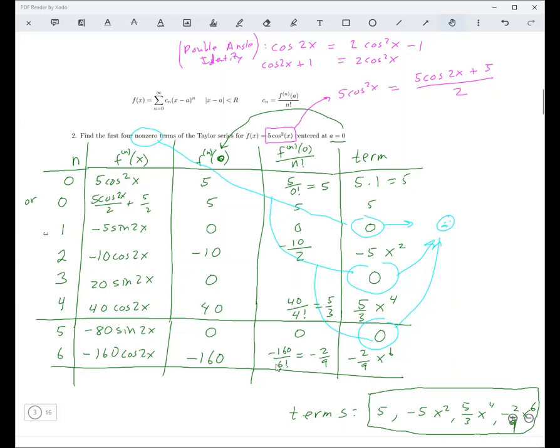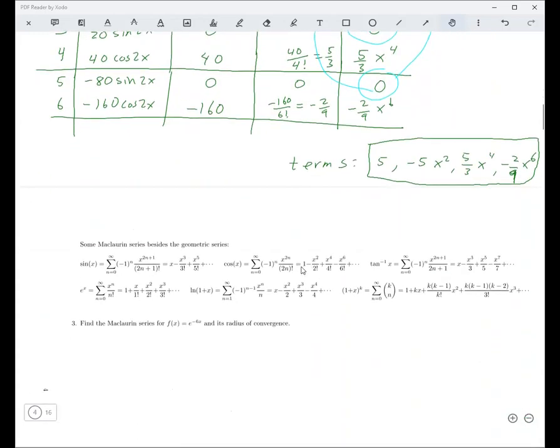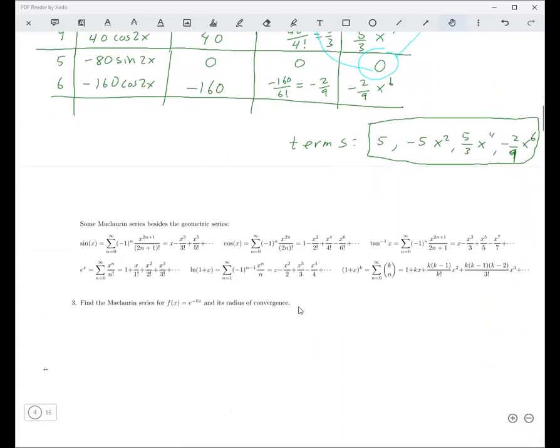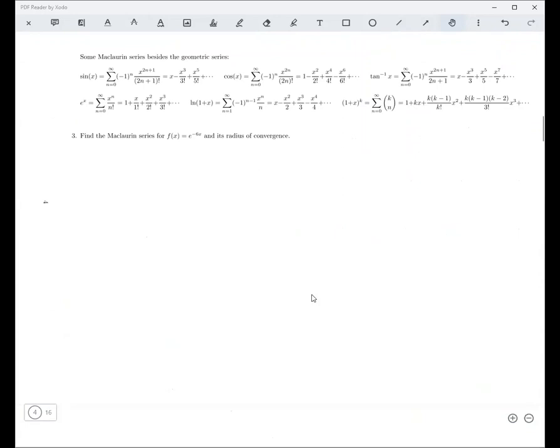So you can look for patterns here, and that's kind of how these were come up with, all these different formulas. So here are the Taylor series, or these are Maclaurin series, for sine. And I put it in both forms where it's written in the summation, and it's written out.